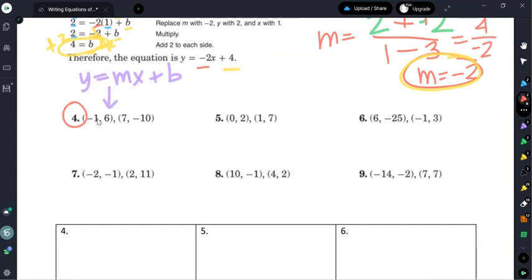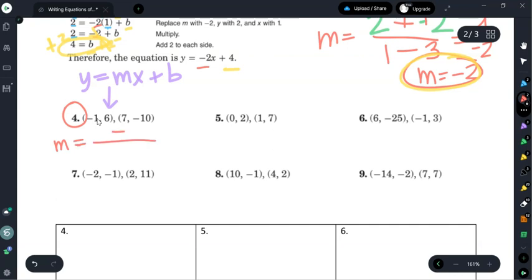Well, remember the slope formula says we are looking at the difference in the 2 y's divided by the difference in the 2 x's. So my 2 y's are 6 and -10. So I'm going to plug in 6 and -10. And my 2 x's are -1 and 7. So all I'm doing right now is completing the slope so I can find the slope.